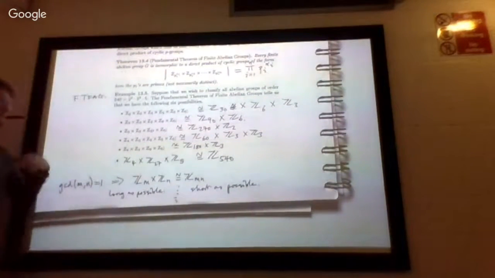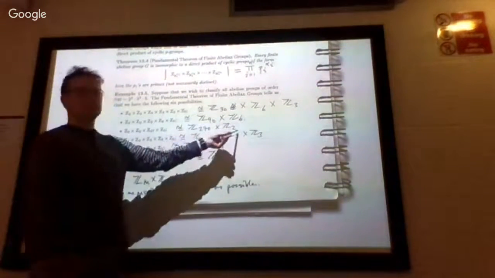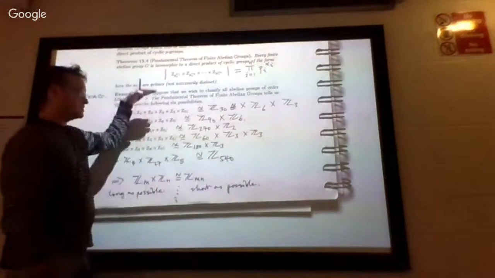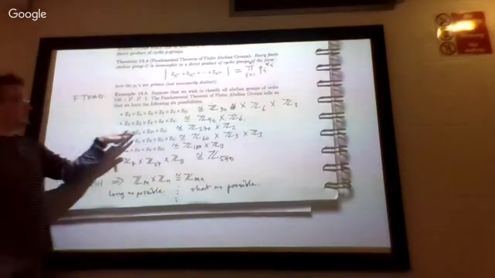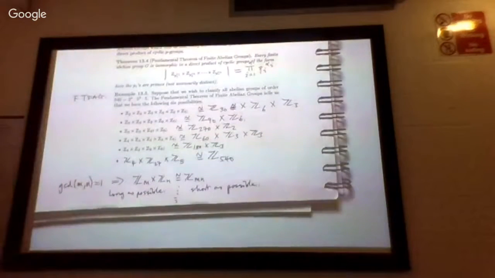So the torsion coefficients of a finite abelian group is this set of numbers which represent the isomorphism class. So a group in this isomorphism class would have the torsion coefficients 2, 1, 7 and 2.